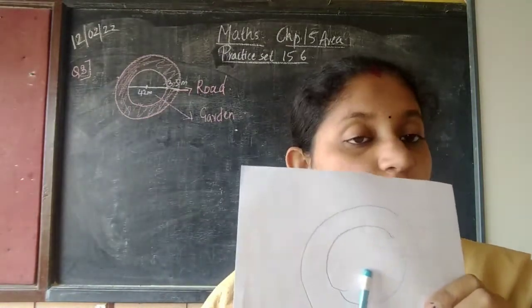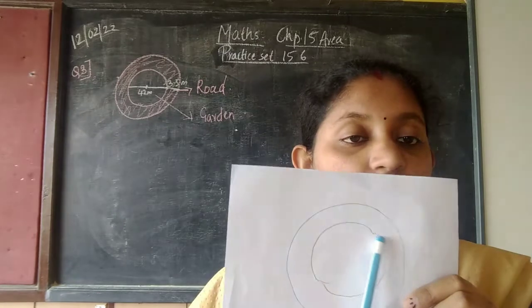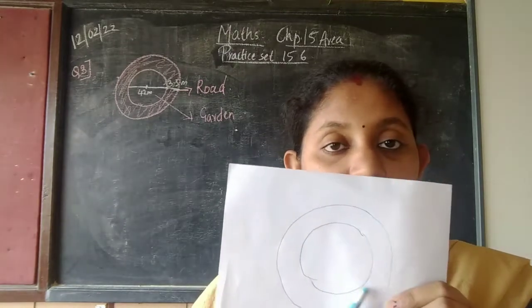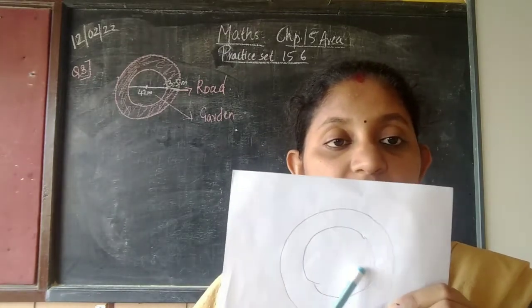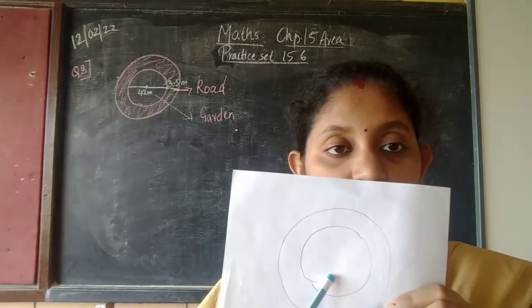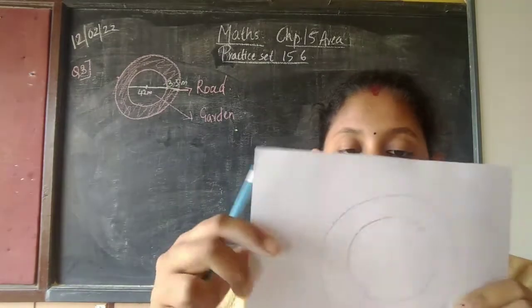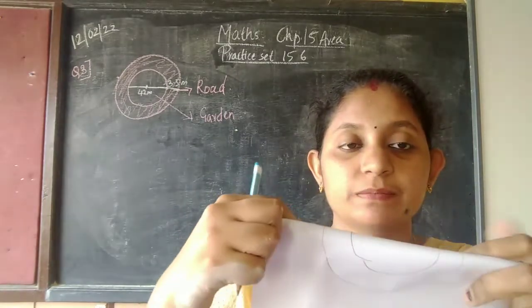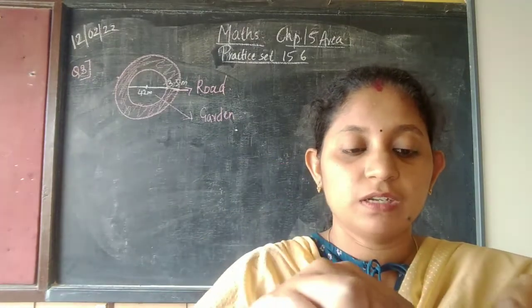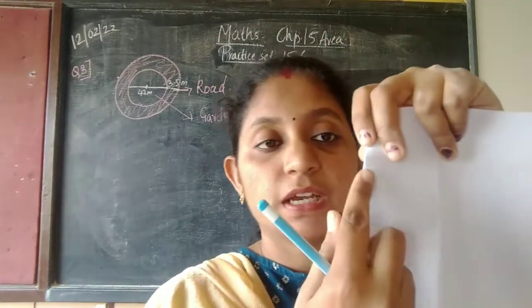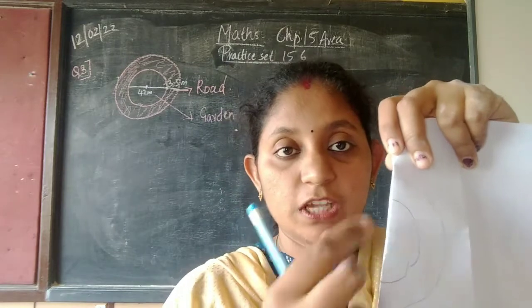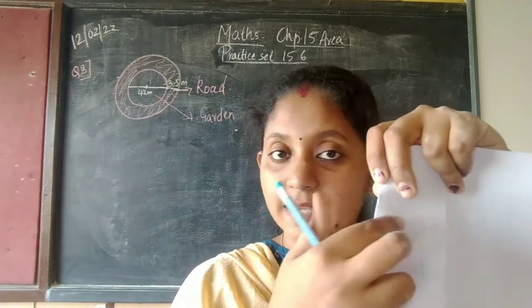Now if I tell you all students, I want a ring shaped circle, I don't want whatever is there in the center. So what you are going to do? You can either fold this like this and you will cut the center portion, correct? You will cut off this, then only you will get that ring portion, isn't it?